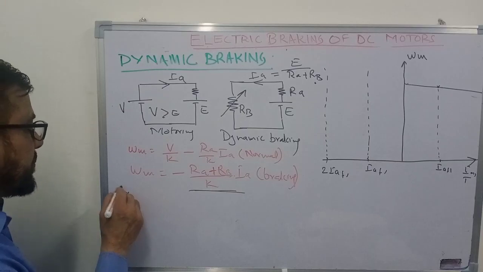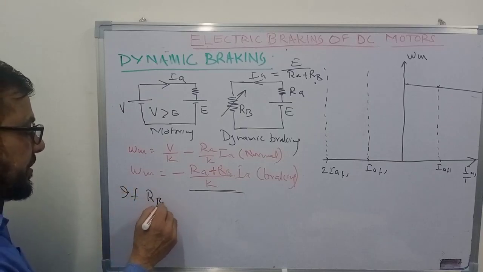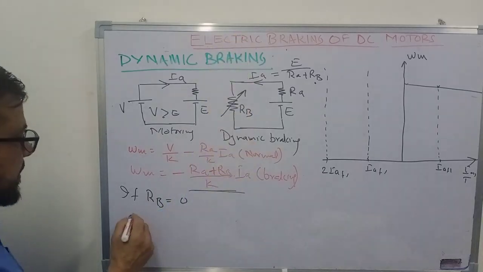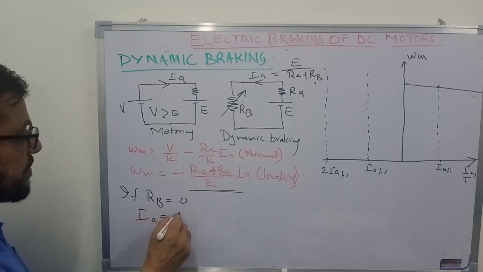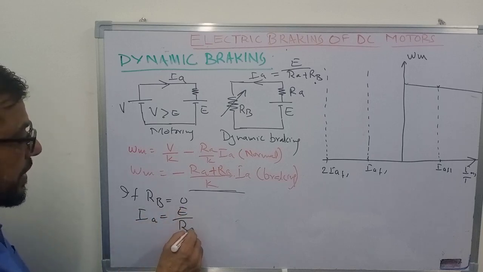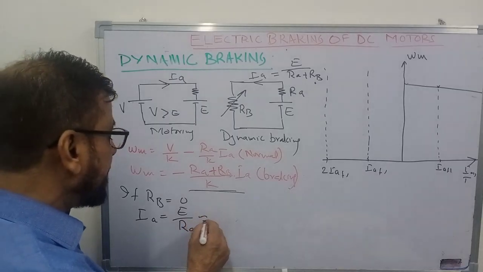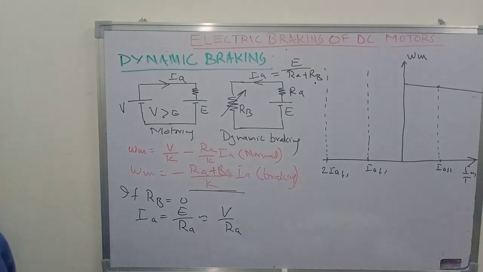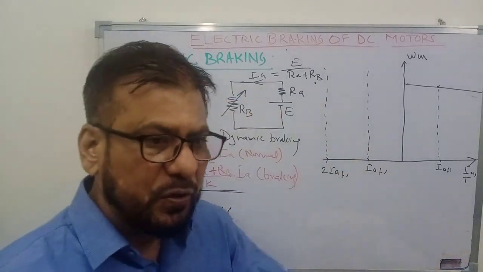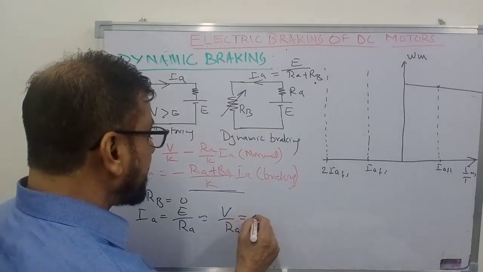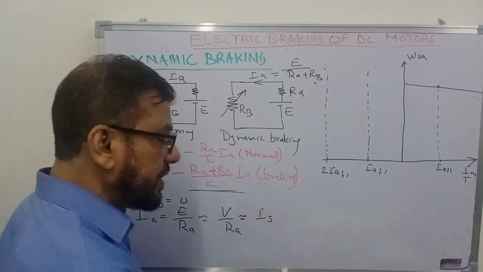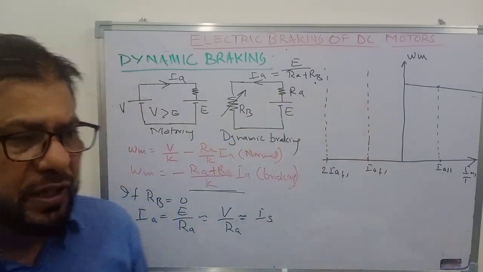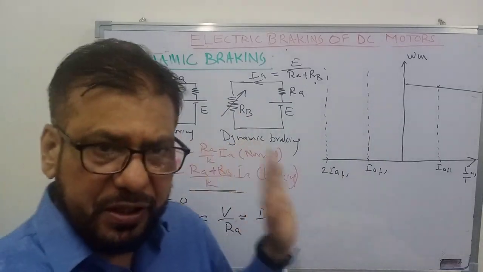So if RB is not used, or you can say the braking resistance is 0, and you just short circuit it directly, then the current flowing in the reverse direction will be equal to E upon RA. This is almost the same as supply voltage upon RA, the same current that would flow if you start the motor directly online without any starter. So this will be almost equal to the starting current of the DC motor. That is very high, maybe 20 times or 30 times more than the full load current, and that is dangerous for the motor and it should not be allowed.